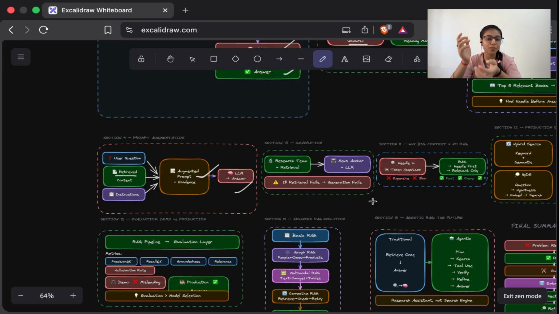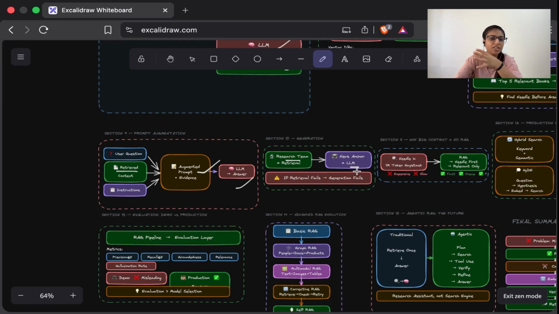That's our RAG system. Retrieval is our research team, and the LLM is our news anchor. If the retrieval fails, even the smartest model does not have the relevant context for what you are asking, so it can't give a good answer if it's not trained on it and does not have the context. So this is how our whole RAG works.